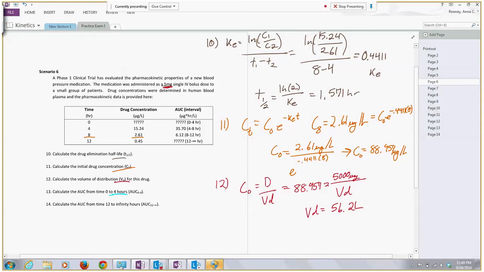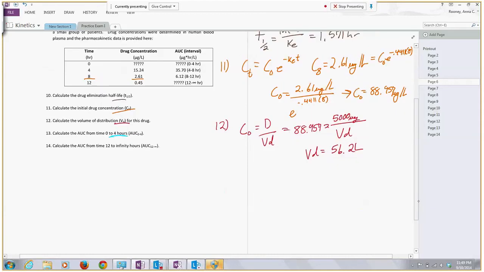Alright, so calculate the area under the curve from 0 to 4 hours. So area under the curve 0 to 4 is equal to the concentration 0 plus the concentration at time 4 over 2 times 4 minus 0 hours.